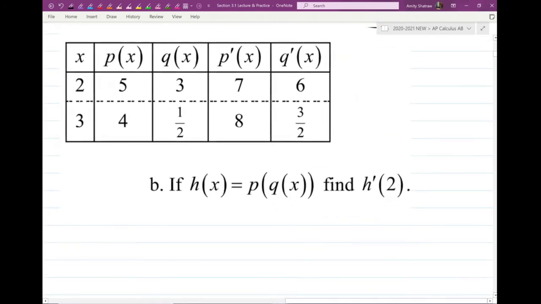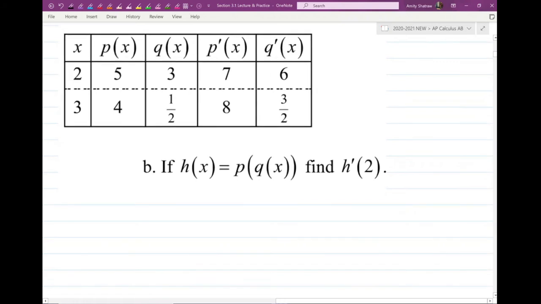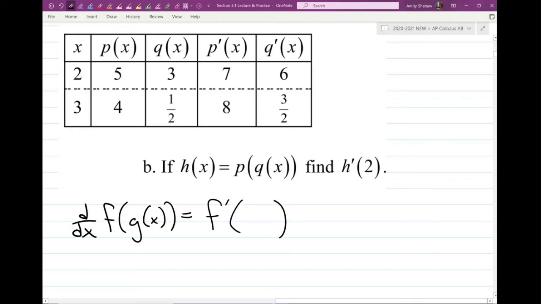So I know a lot of kids prefer the version that I'm about to write down, which is that if you're taking the derivative of a function that is composed with another function, it should look like this. The derivative of the outside should be taken, and the inside still gets written down. And you should never forget that hook on, which is the derivative of that inside function.